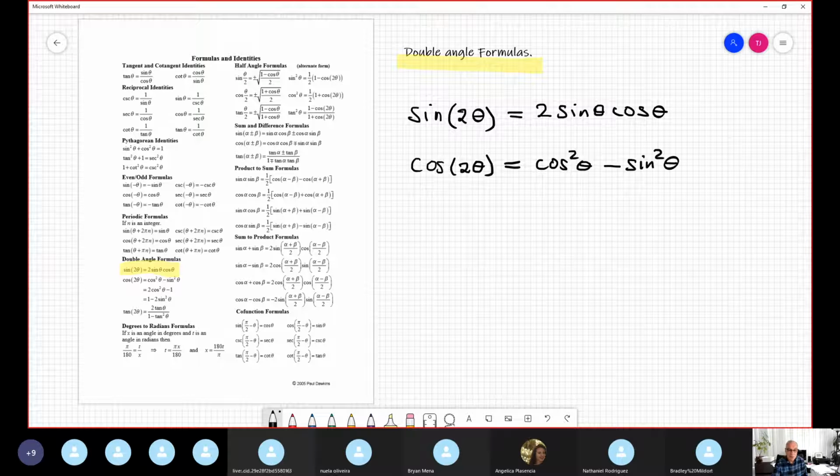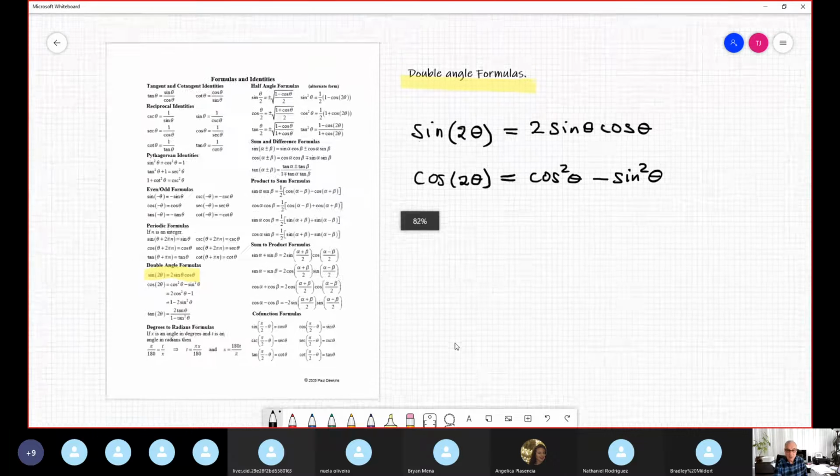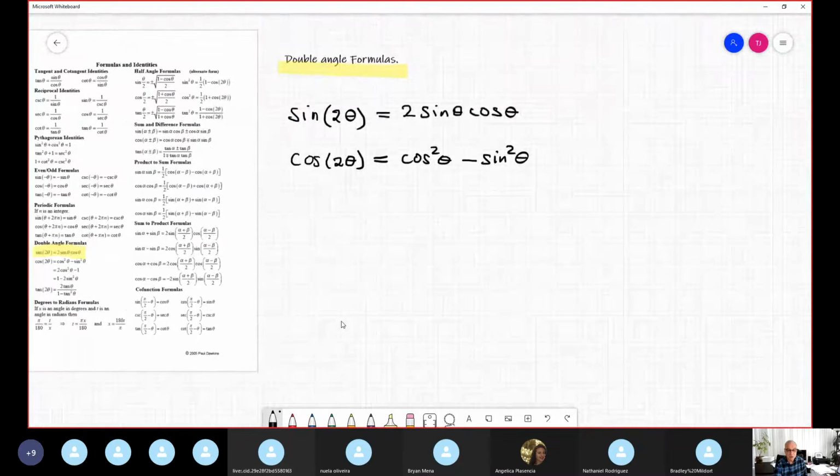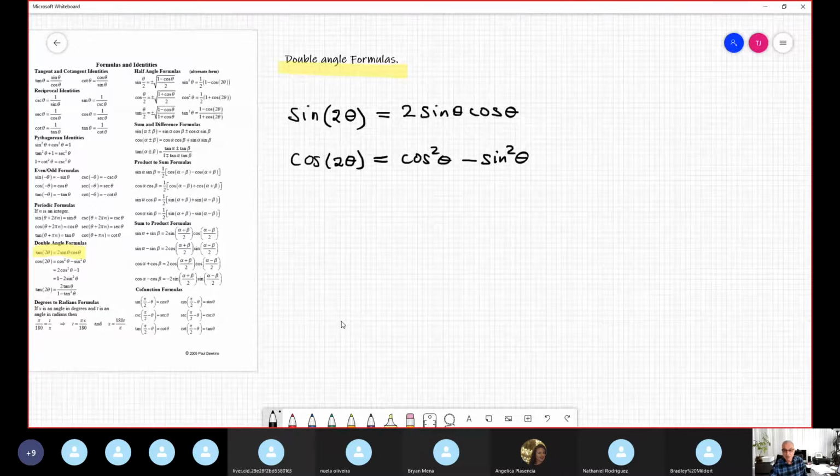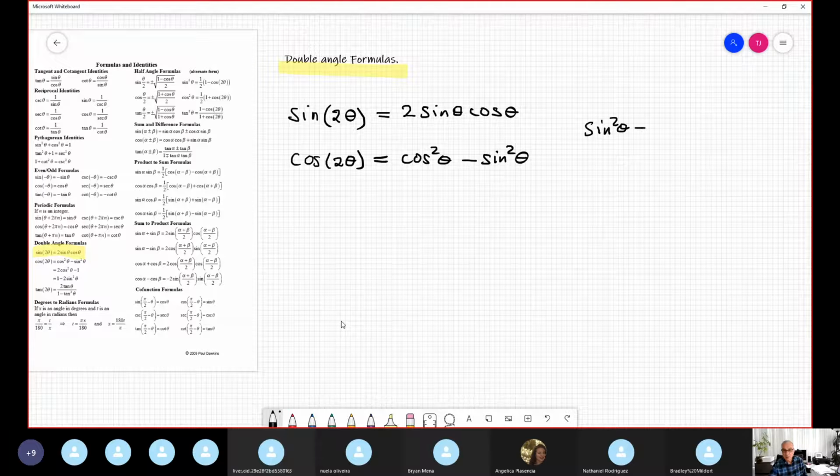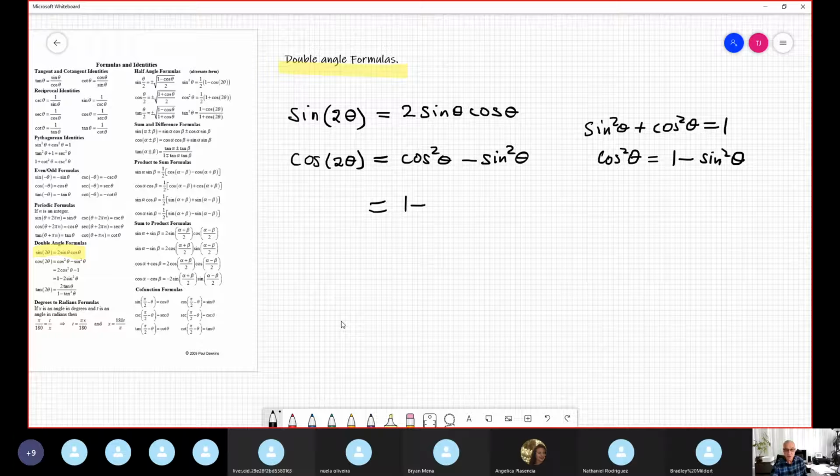However, if in one problem you need to express everything using cosine or sine, we take advantage of the Pythagorean identity, sine squared plus cosine squared equals 1. Suppose you isolate the cosine squared theta, it equals 1 minus sine squared theta, and use substitution in the cosine. Now cosine is not cosine anymore, it's 1 minus sine squared theta minus sine squared theta.